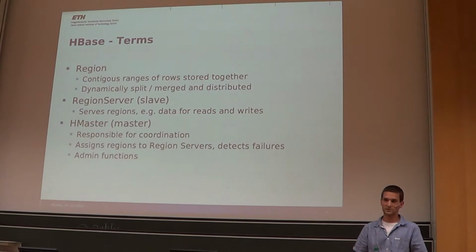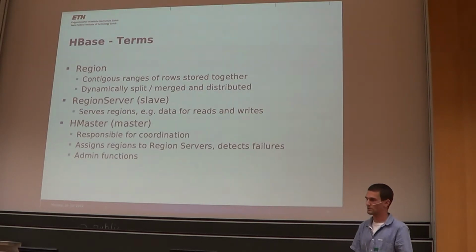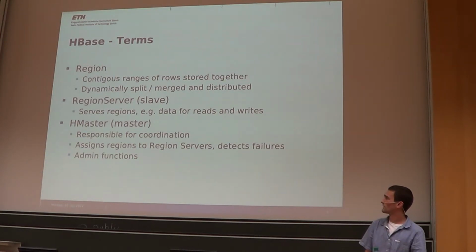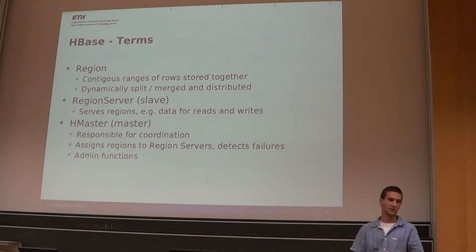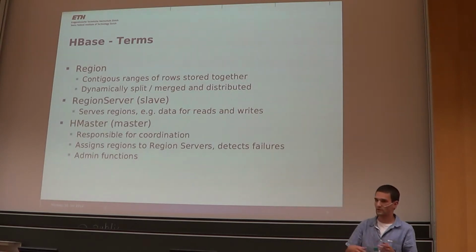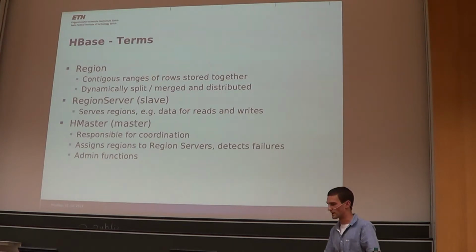It keeps the regions and inserts and reads data. And then there's the master, the HMaster. It's responsible for coordination. It makes sure that the regions are at the right place, it detects failures, and it has some admin functions.